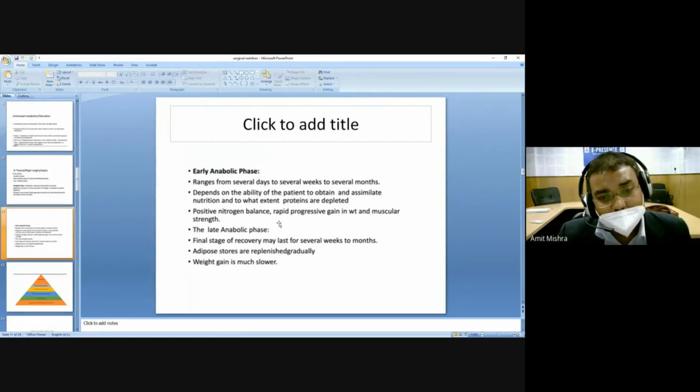Then the late anabolic phase follows the early anabolic phase.